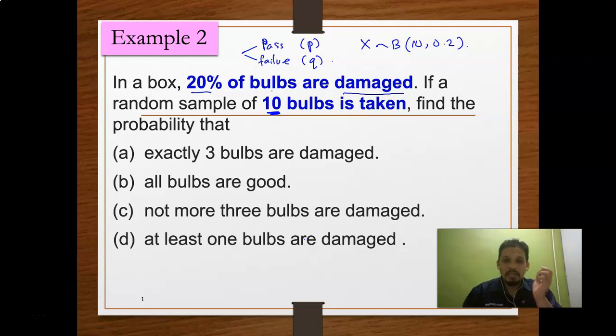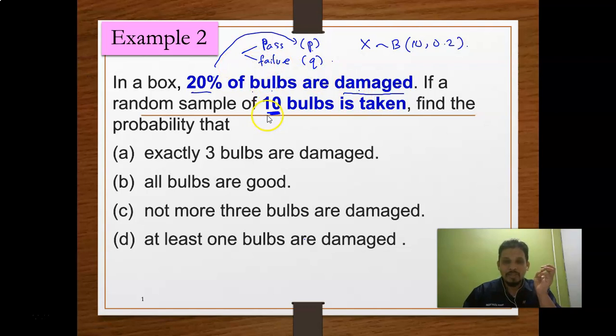In example 2, we are talking about bulbs damaged, which is 20%, considered as the pass, the label of P, and the bulbs in good condition as failure.